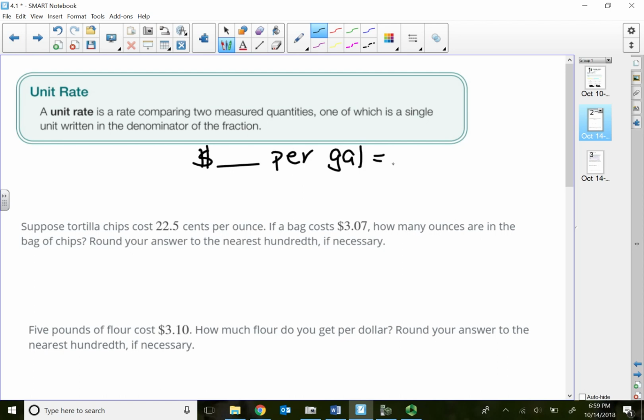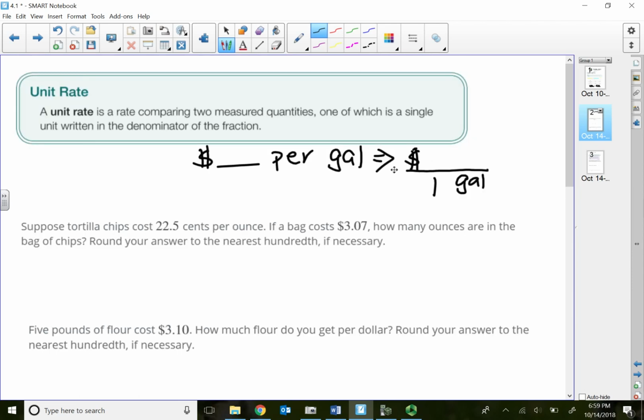I can rewrite this as a fraction with money in the numerator compared to gallon, but because of the word per gallon, that means for 1. That's called a unit rate. The word unit means 1 in the denominator. Price per gallon, price per pound, anything like that is called a unit rate.